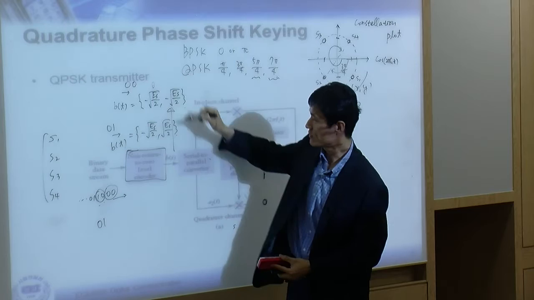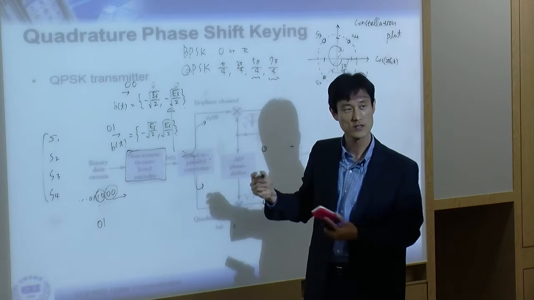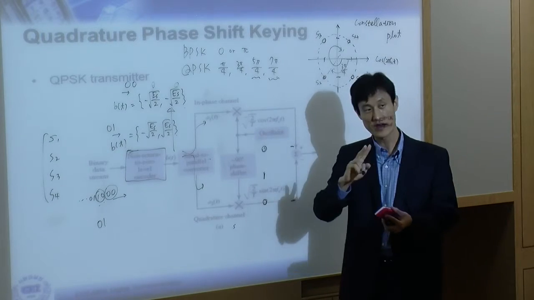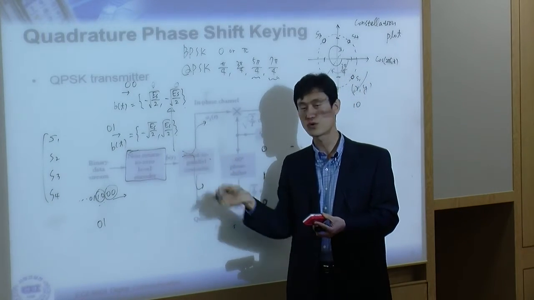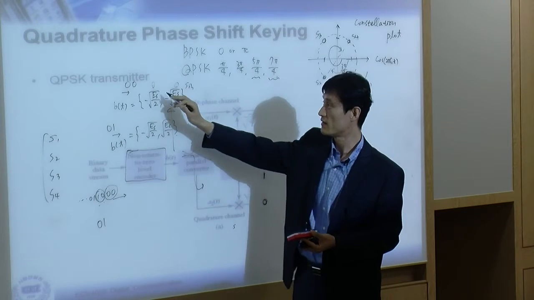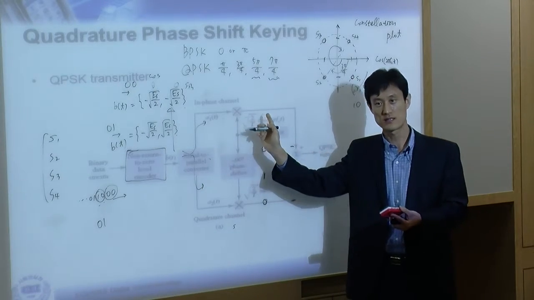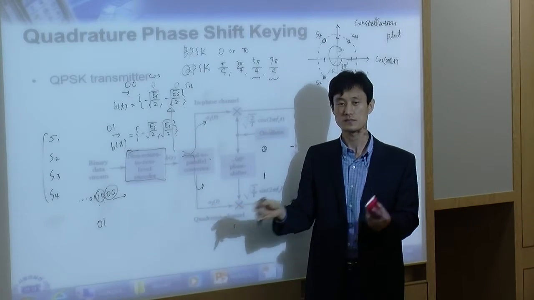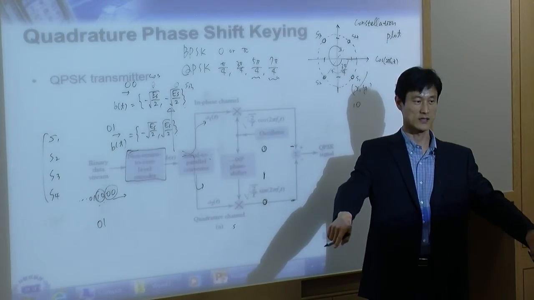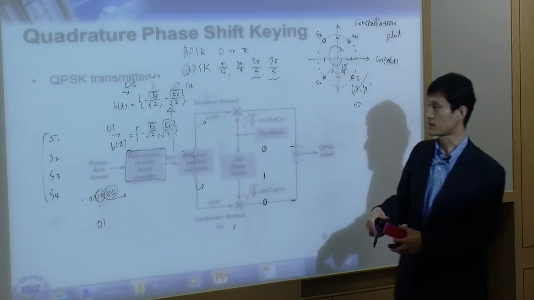The first value goes up, the second value goes down. Now we have two values, one goes up, one goes down. The first one is the cosine component, the second one is the sine component. So the cosine component goes up, the sine component goes down. Just split it like that. That's what's going to happen inside.